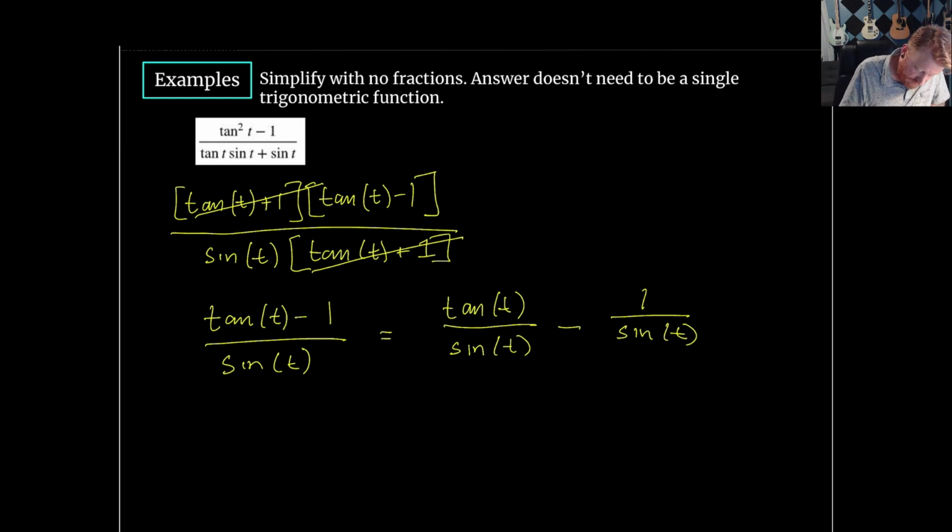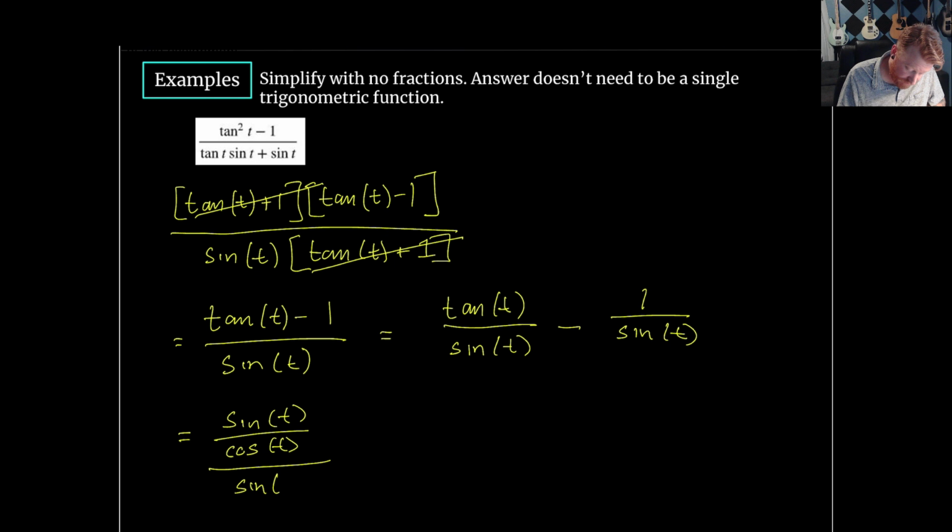So if I look at my next step here, I'm going to rewrite the tangent of t in terms of sines and cosines. It's going to give us a complex fraction, but then we can look at simplifying that. So rewriting this tangent of t here as sine of t over cosine of t all over the sine of t minus, now I can rewrite 1 over sine of t as just cosecant of t.